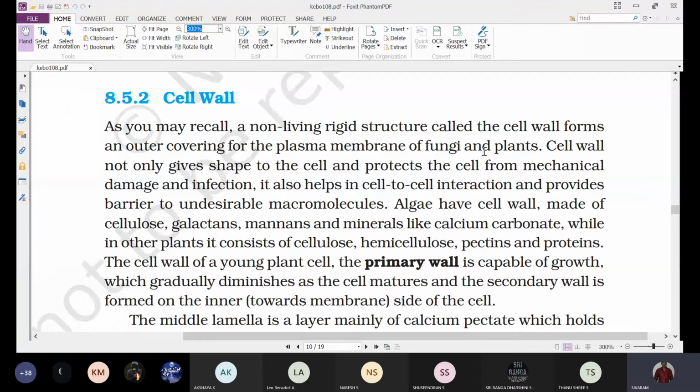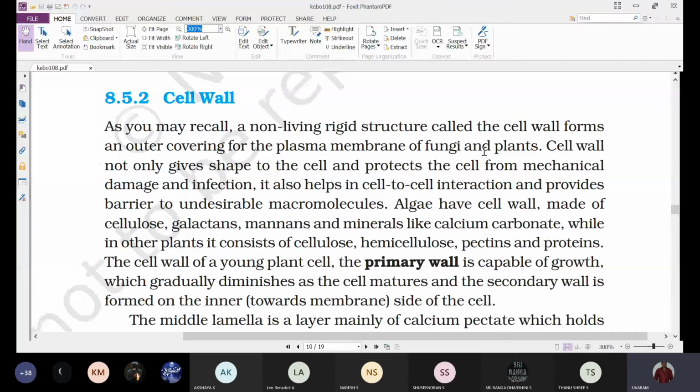It also helps in cell-to-cell interaction and provides a barrier to undesirable macromolecules. Any small molecule can easily pass. But the molecules which are larger in size than the pore size of the cell wall cannot pass through it. So usually it does not allow macromolecules to pass through it. Only small micromolecules can pass through it.